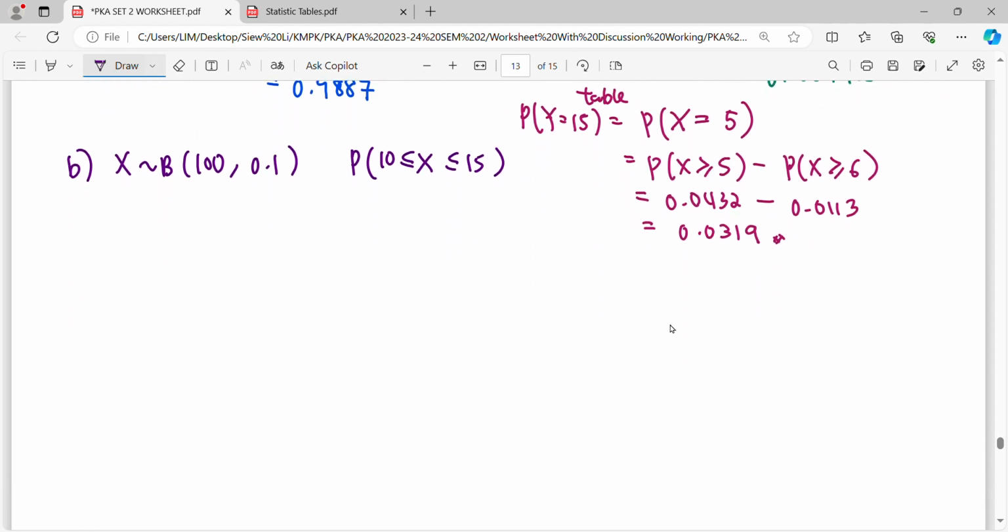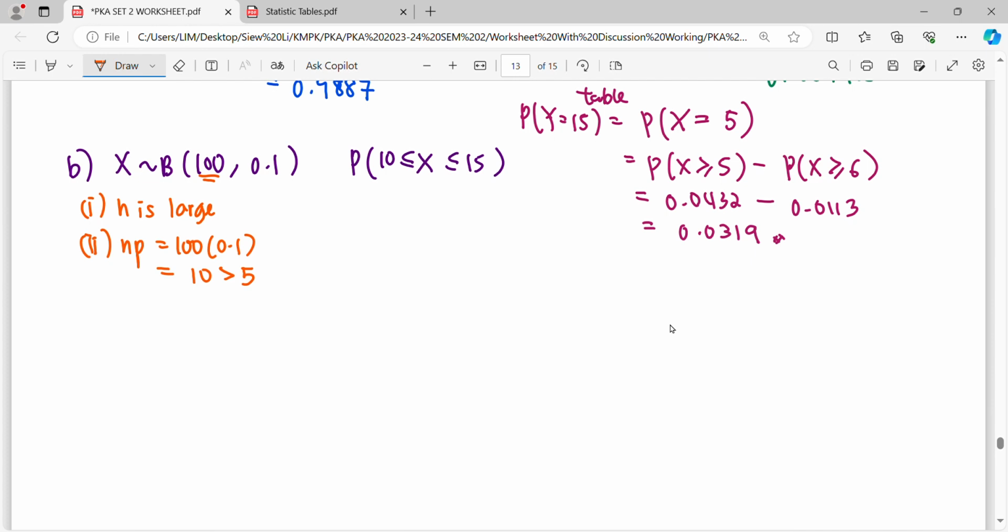When n is 100, we notice that the first condition, n is large, is met. Then we double check NP, which is 10. The mean value is more than 5, which means binomial is no longer suitable for this distribution. So we need to change to normal.